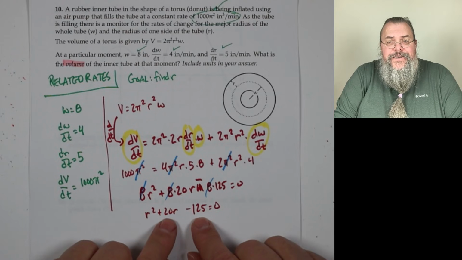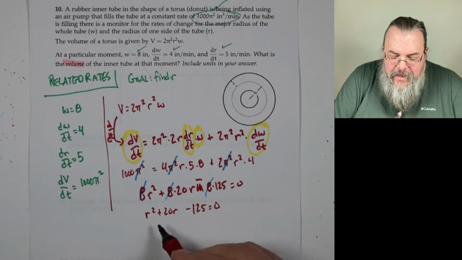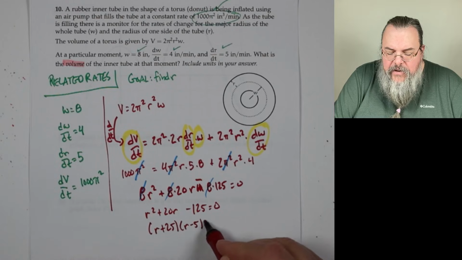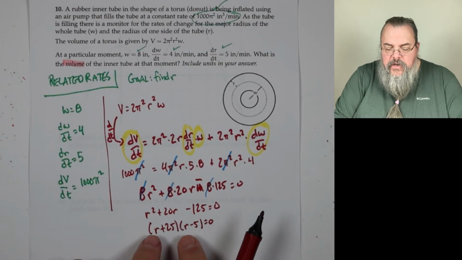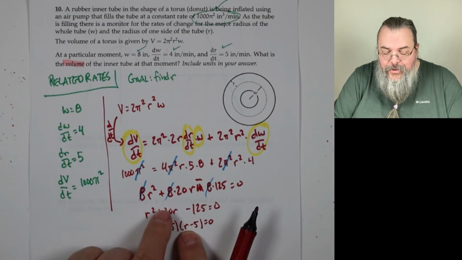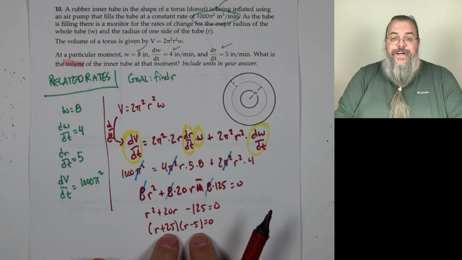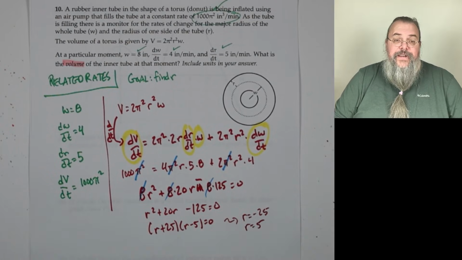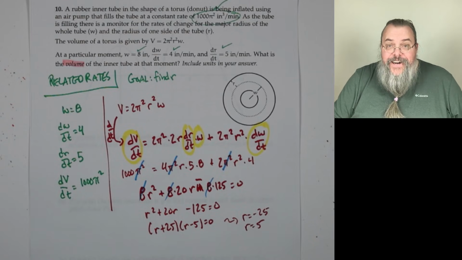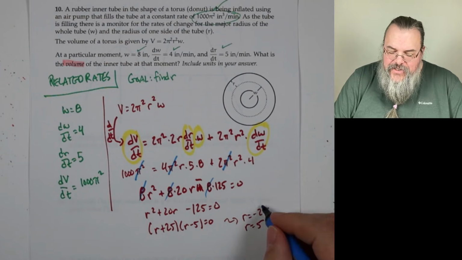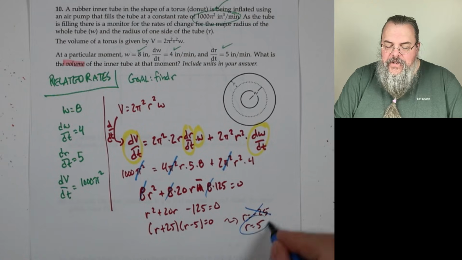If you did plus 25 minus 5, you get the r squared, which is good. Minus 5r plus 25r is 20r, minus 125, which leads us to r is negative 25, or r is positive 5. But one of these is nonsense, because r is a physical measurement. So we must have that r equals 5.